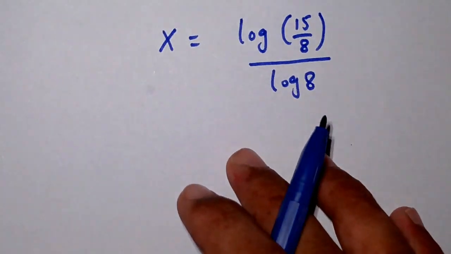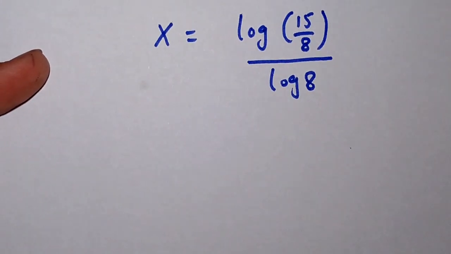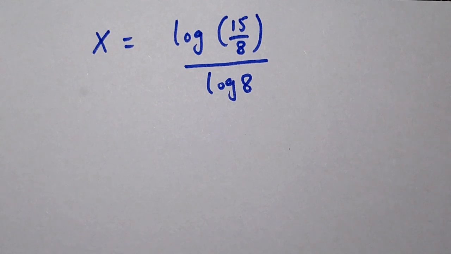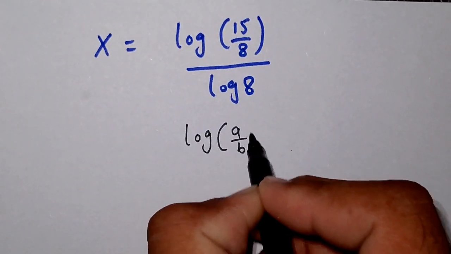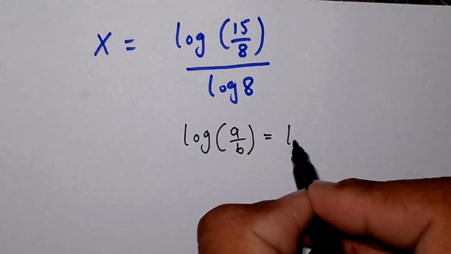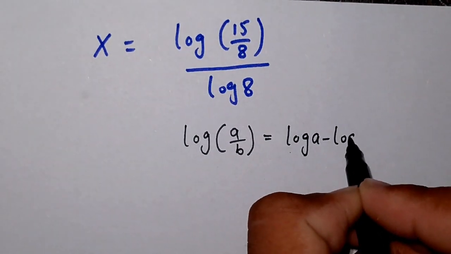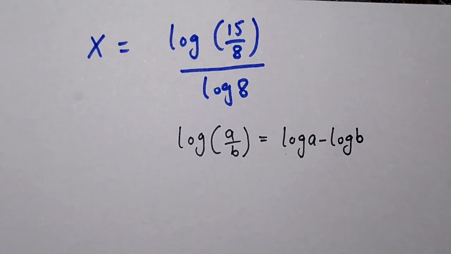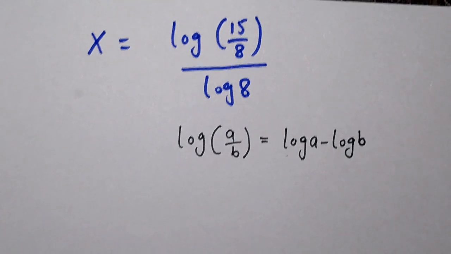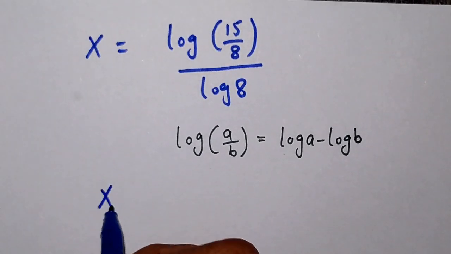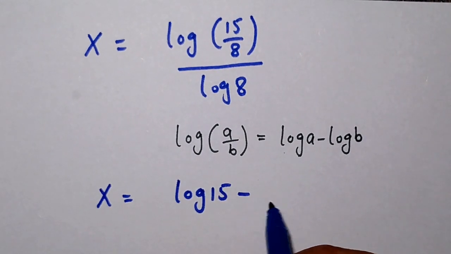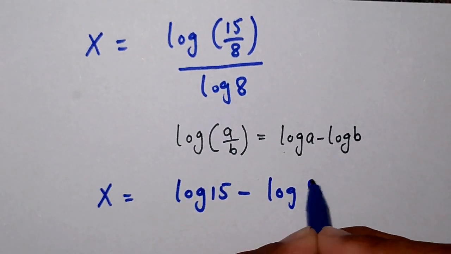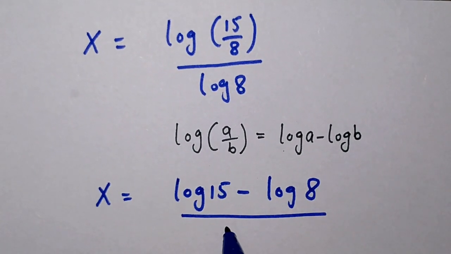Now we also know that log of a over b is equal to log of a minus log of b. So applying this condition, this will become x is equal to log of 15 minus log of 8 over log of 8.